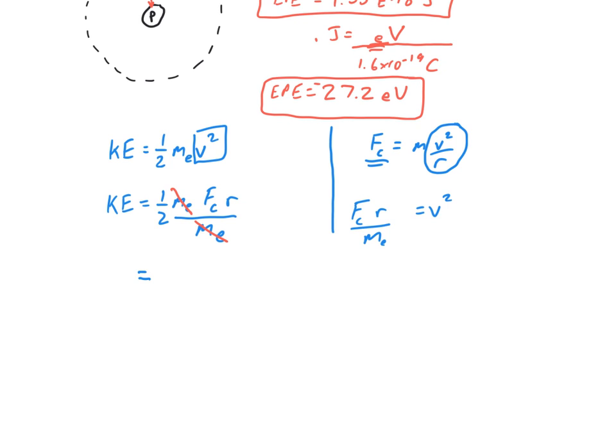Substituting in for the Coulomb force, the 1/2 stays the same. Coulomb's force is Coulomb's constant, the two charges being considered, QP, QE, divided by the radius squared, and then multiplied by this radius as well, which causes a single cancellation.